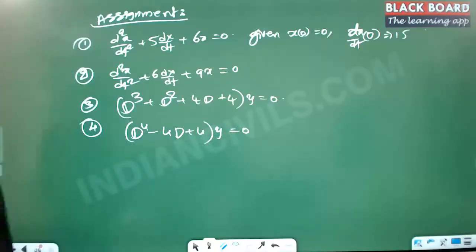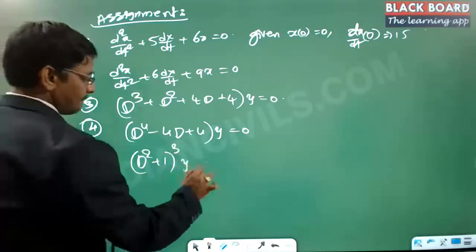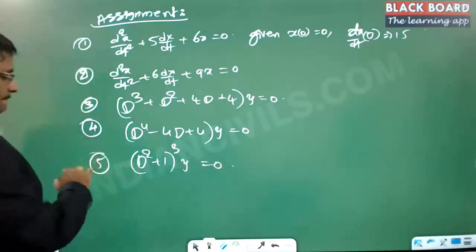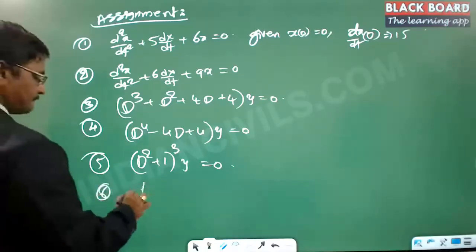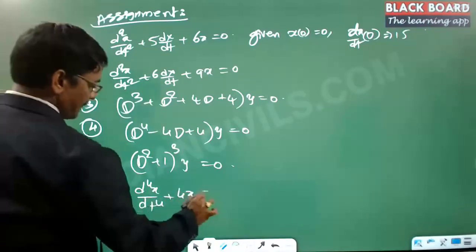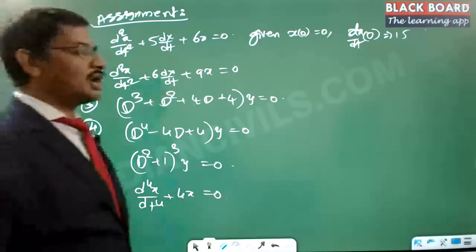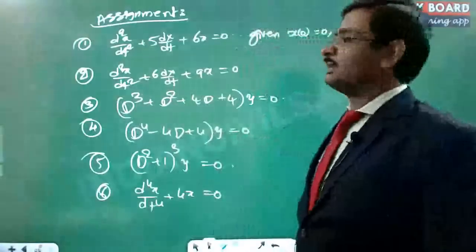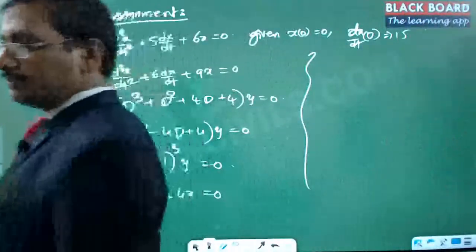D square plus 1 whole cube. D power 4 x by dt power 4 plus 4x. Right? So you can solve all these problems as assignment, and you should be able to solve all these things. Got it?